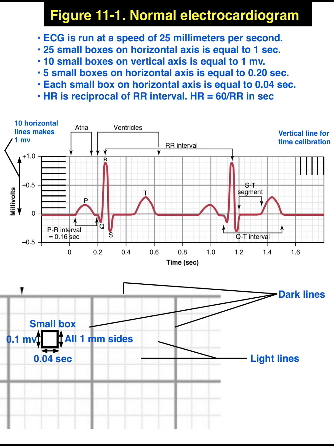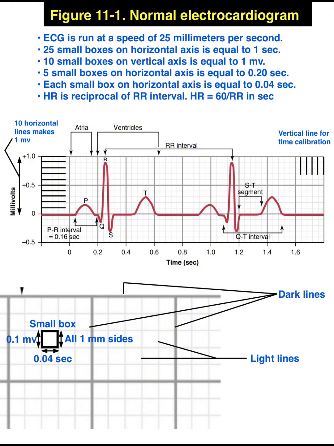This figure is about calibration of normal EKG. This figure has shown two QRS complexes. Bottom part of this figure shows dark lines and light lines. Dark line makes a large square, and each large square encloses 5 small boxes on the vertical axis as well as on the horizontal axis.